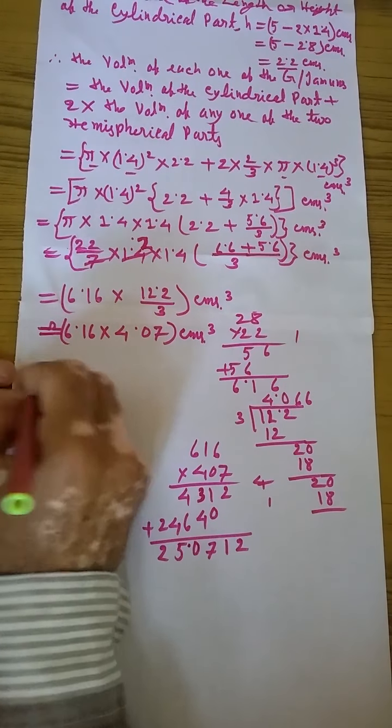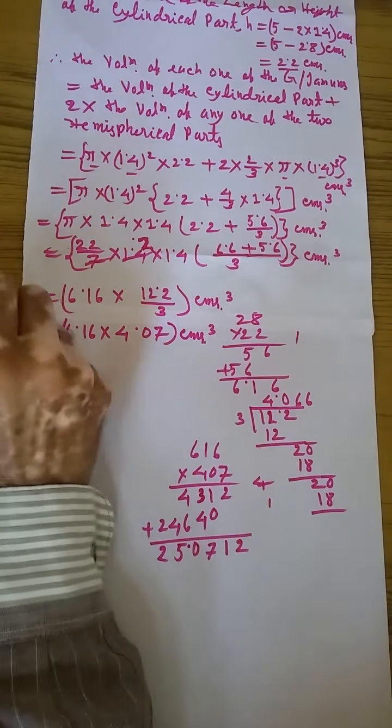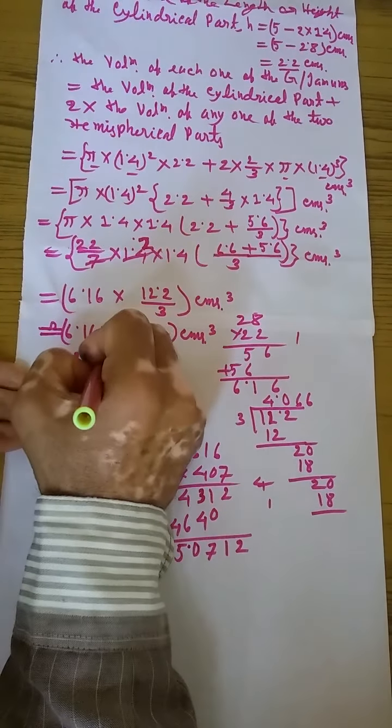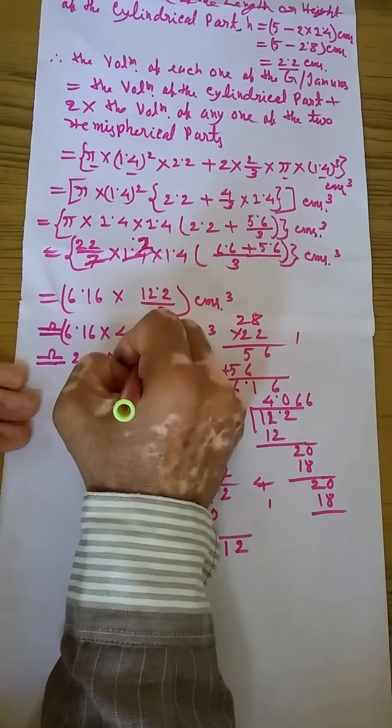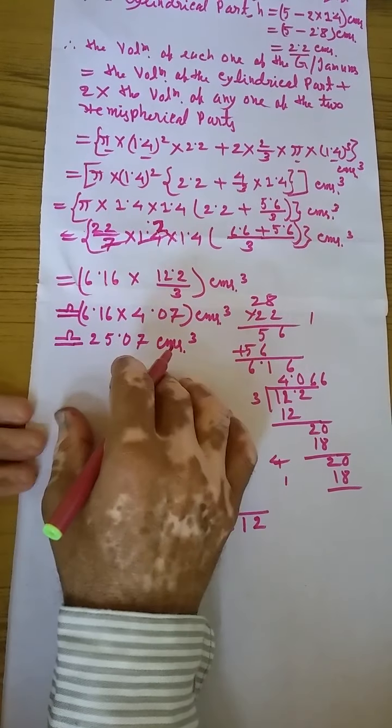So it will be approximately equal to 25.07 cubic centimeters. So we have got the volume of 1 gulab jamun.